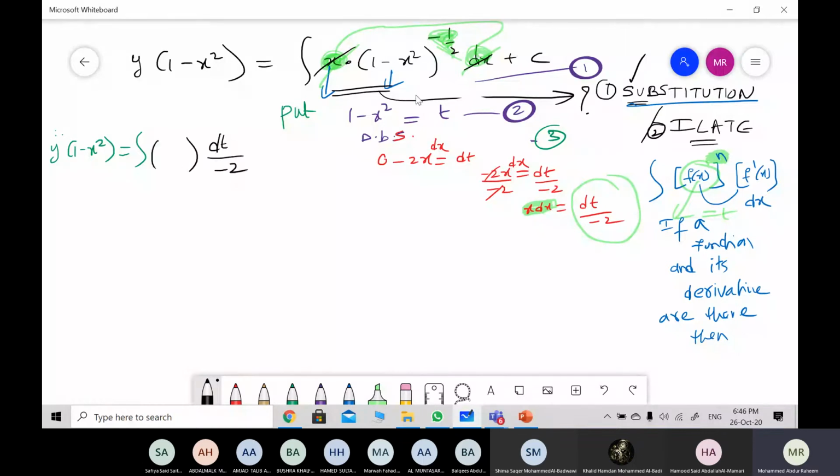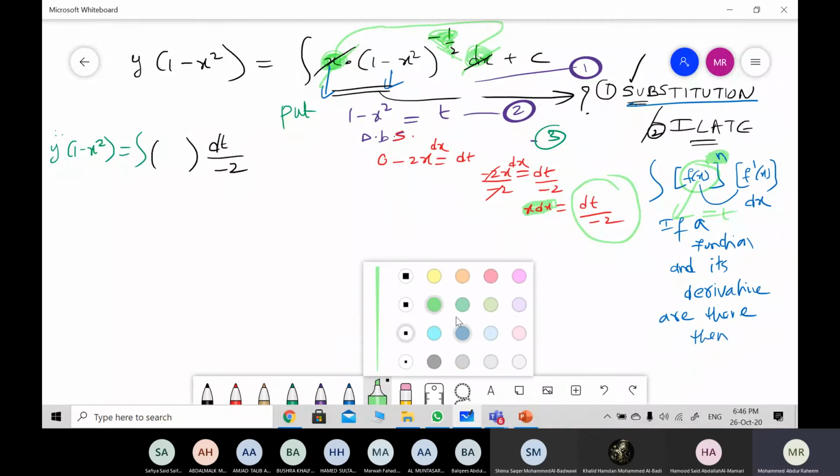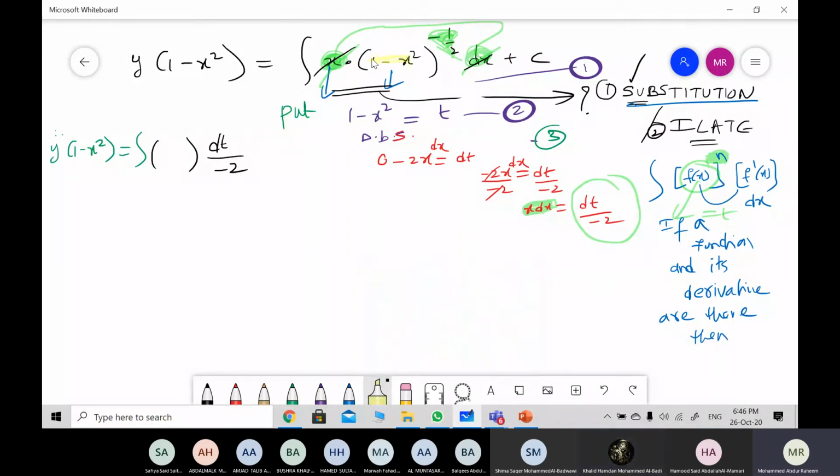But here something I have to write, that is this one. Same here. So how much? T. Plus 3 as usual.